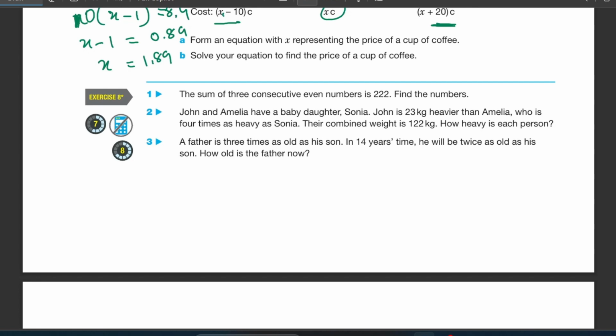So first thing we can write, we can take the age of the son as x. Then the father is three times as old as his son, so the father's age we can take as 3 times x.